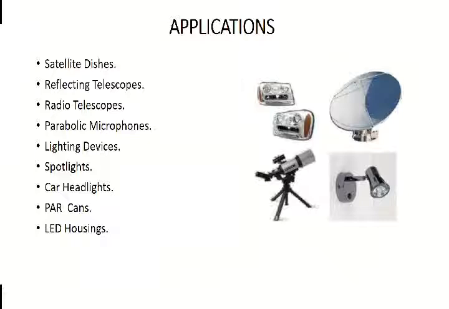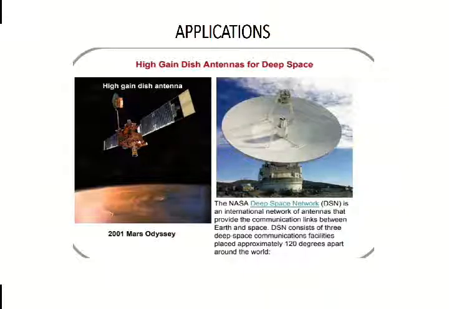The various applications of reflector antennas are satellite dishes, reflecting telescopes, radio telescopes, parabolic microphones, lighting devices, spotlights, car headlights, torches and LED housings. This application speaks of a high gain dish antenna for deep space communication by NASA.